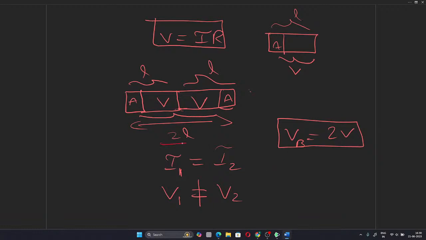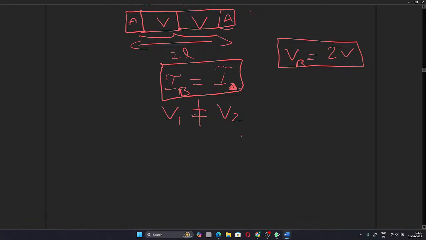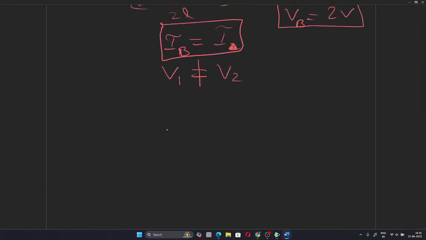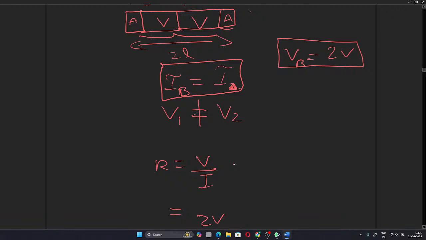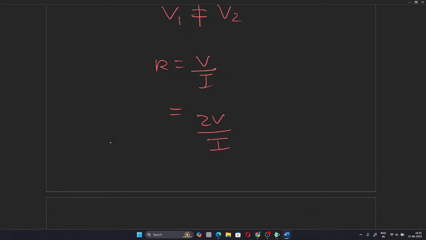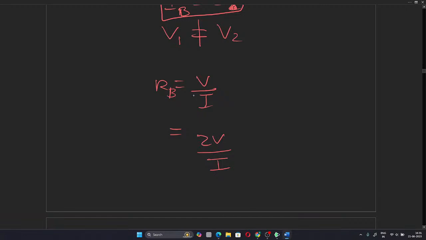Let's substitute the values. I1 equals I2, or IB equals I. So we know that V equals IR and R equals V by I. If we substitute the V value, which is 2V by I, let's take this as the resistance for the B case.